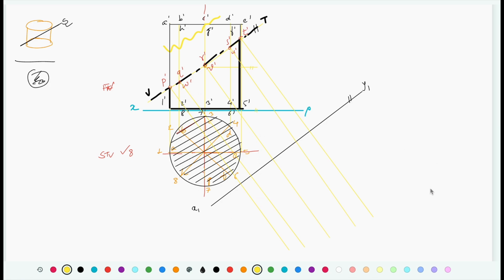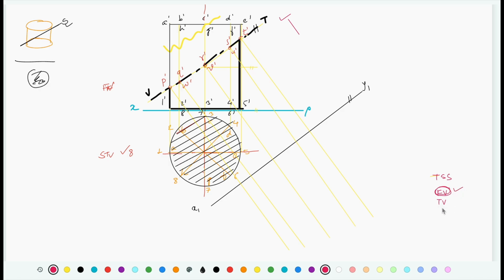Okay, so as I mentioned earlier, to draw true shape of section, we are supposed to refer front view as well as top view. Now the cutting plane we have got in front view, so we have taken projections from the front view, so utilization of front view is done.